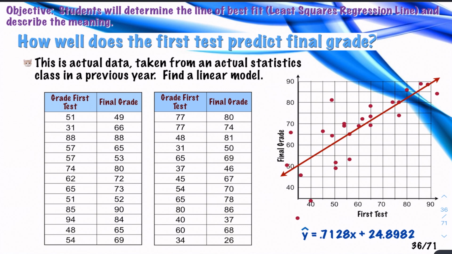If you're looking for a challenge, now this is actual data taken from an actual statistics class in a previous year. If you're asked to find the linear model, given the grade from their first test, how well will the first test grade be able to predict their final grade in the course?